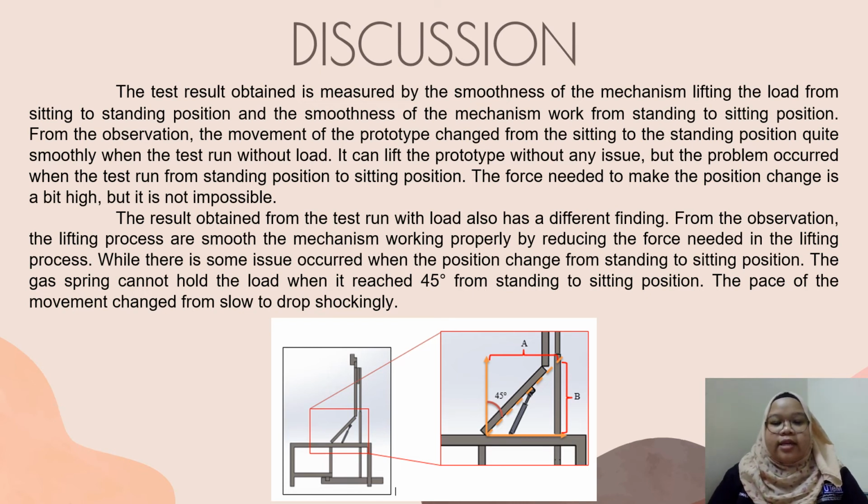The gas spring cannot hold the load when it reaches 45 degrees from the standing position to the sitting position. The pace of the movement changes from slow to dropping shockingly. So as you see in the figure, at region A, the smoothness is quite okay, but when it comes to B, it sits shockingly. So there is a problem there.